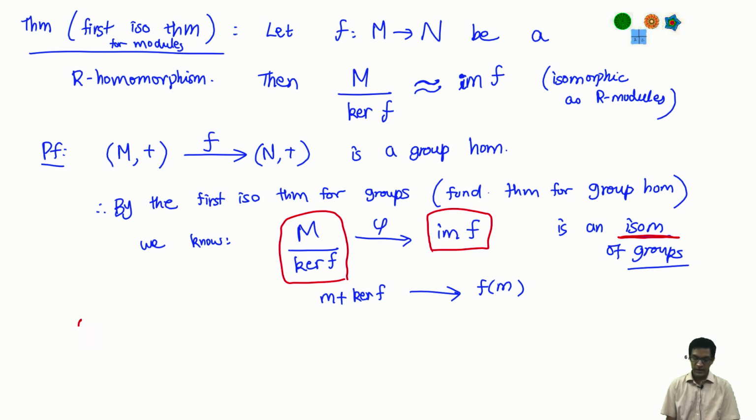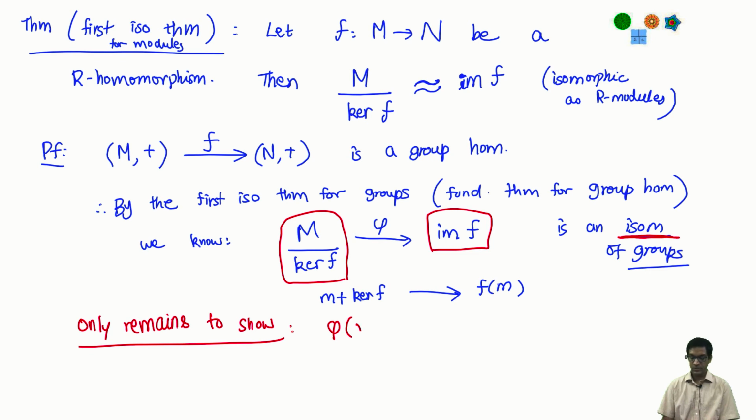Because we are appealing to the work that we have already done in proving this theorem for groups, it only remains to show one simple thing here, that phi respects the scalar multiplication. So I need to check that when I apply phi to r times a coset, this gives me the same answer as r acting on phi of this coset.